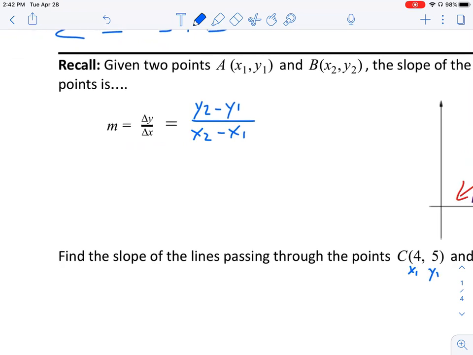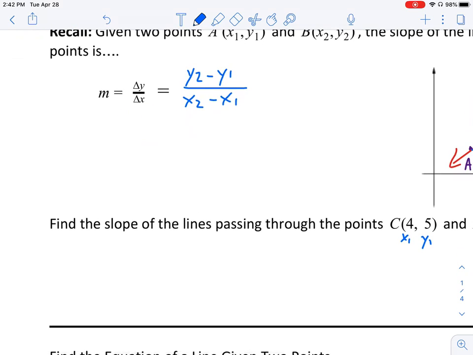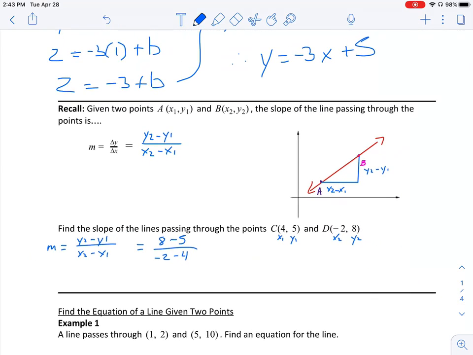I know the equation of slope: slope equals y2 minus y1 all over x2 minus x1. The values that we have in this case are 8 minus 5 all over -2 minus 4. Right, so we have our y2 is 8 minus y1, 5, and x2 is -2 minus 4.